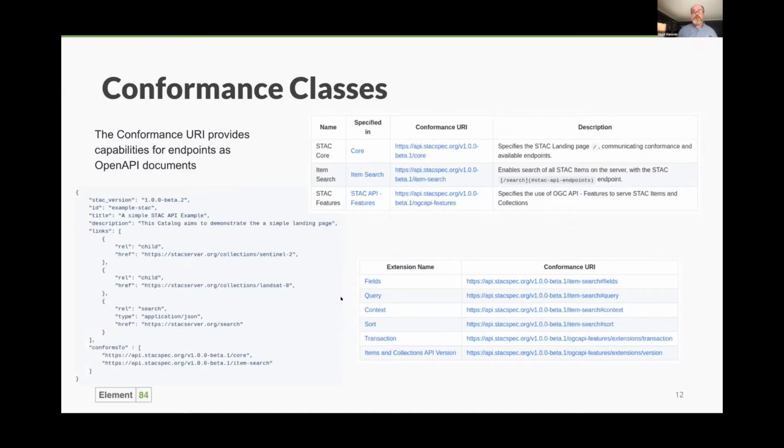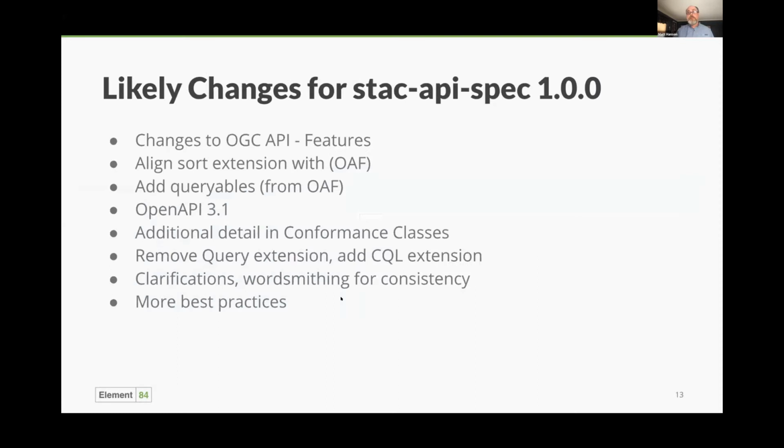STAC adds some conformance classes for each of its endpoints, and then each extension also has a conformance class. So when you go to the landing page, you'll see the list of what capabilities this API actually supports. That's been really quite important, maybe not for most users, but to make sure this is stable going forward and that machines can understand what the capabilities of a server are.